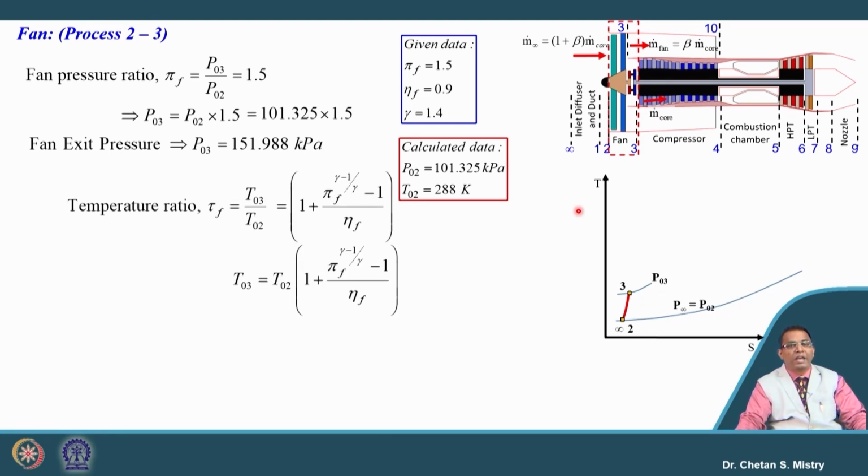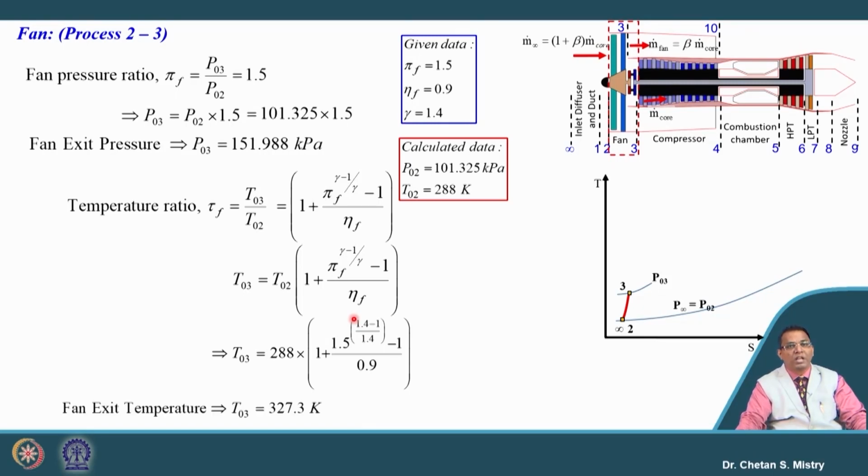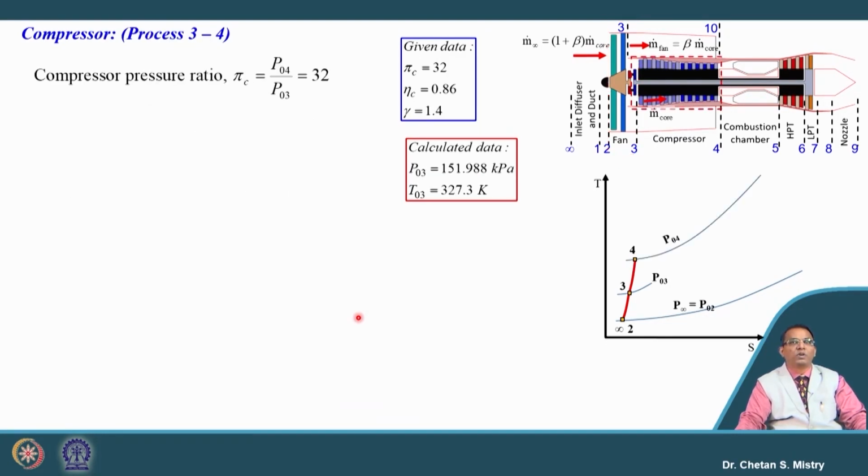So, my exit temperature from the fan is given in terms of my fan pressure ratio and fan efficiency. If we put these numbers, my exit temperature from the fan is 327.3 Kelvin. This will be the entry condition for my compressor, and also the entry condition for my fan nozzle. Okay. So, let us move towards the next component.